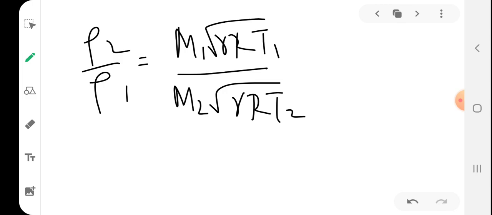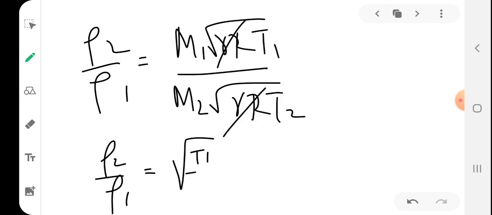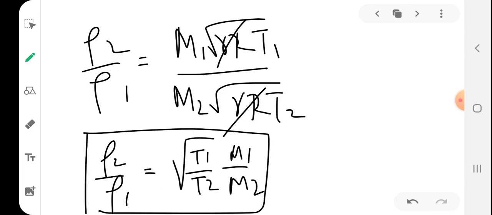Here gamma R cancels. What remains is that rho 2 by rho 1 can be written as root of T1 by T2 into Mach 1 by Mach 2, right? So substitute this equation over here.